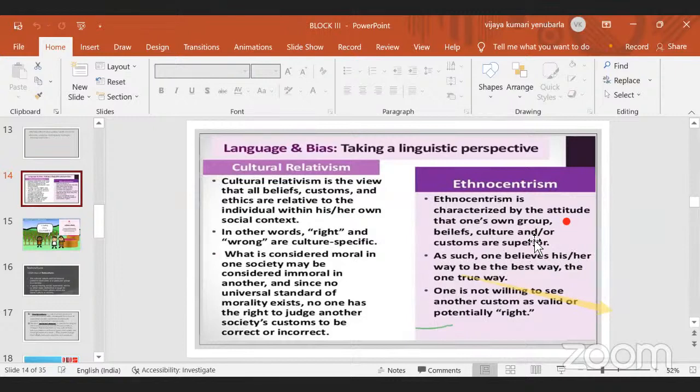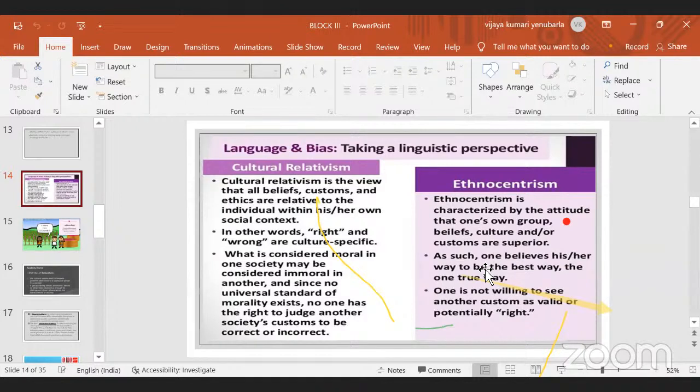In one sentence, it is one person thinking that my culture, my religion, my attitude, my social practice is the best, and finding problems and faults with other cultures. Self-centered, you give importance to your own culture, belief, practice, attitude. That is ethnocentrism. This type of people don't have the idea or exposure.